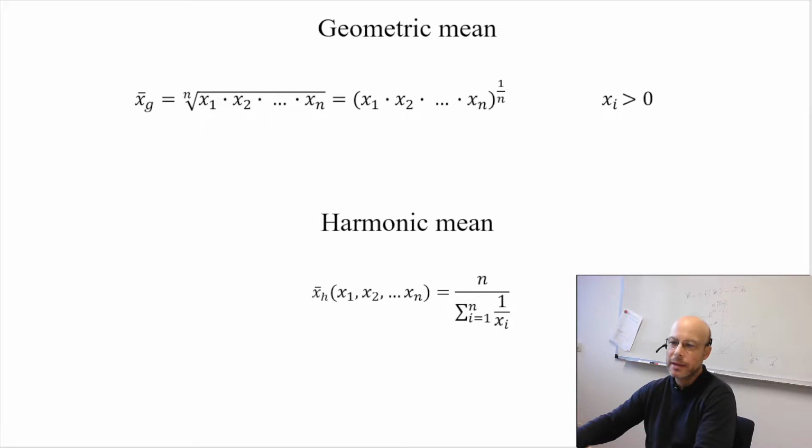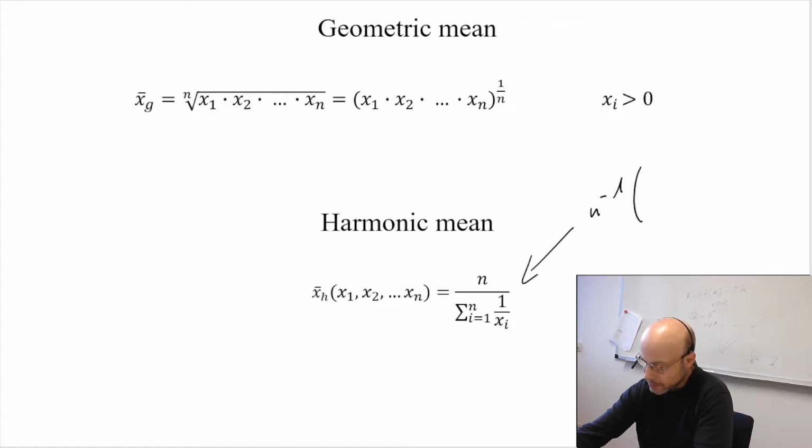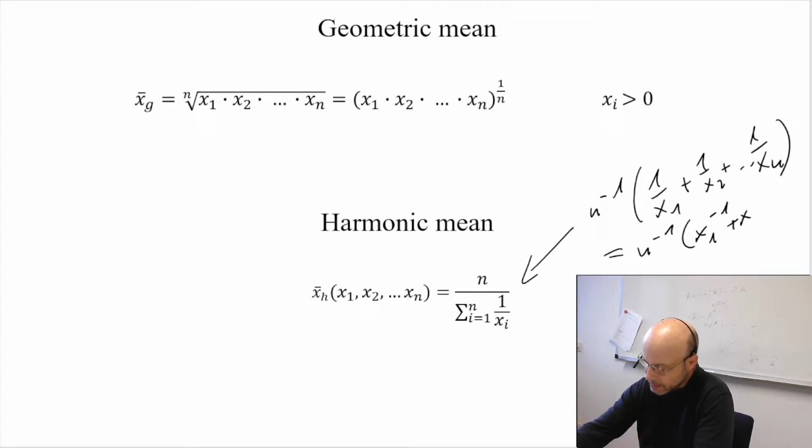And the harmonic mean is, I think I wrote it the last time, that if we write it in another way, then you can write more or less n to -1 times 1 over x1 plus 1 over x2 plus and so on 1 over xn equals n to minus 1 x1 to minus 1 plus x2 to minus 1 plus and so on.